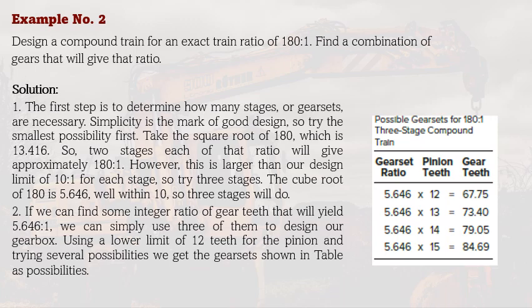We have the gear set ratio, which is 5.646, the pinion teeth, for which we choose a lower limit of 12, and then the resulting gear teeth. For example, with a pinion of 12 teeth, multiplying gives gear teeth of 65.75, and so on and so forth.